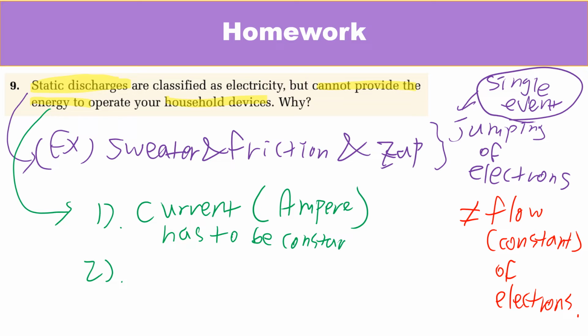To do that, we need basically wire and a completed circuit. You need that. Second, what do we need? We need voltage, which is, actually, I'm going to say potential difference.